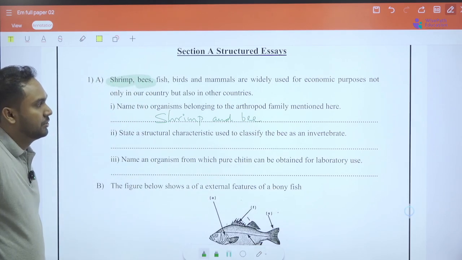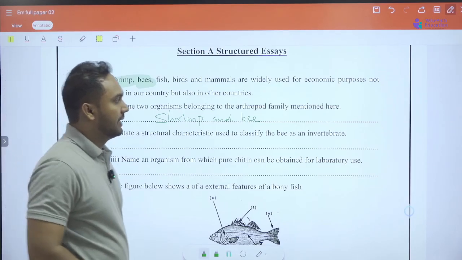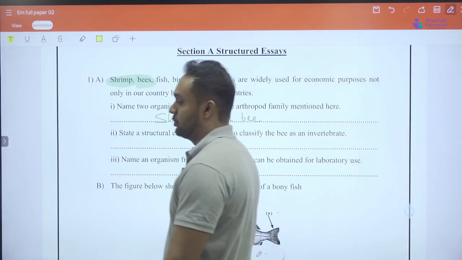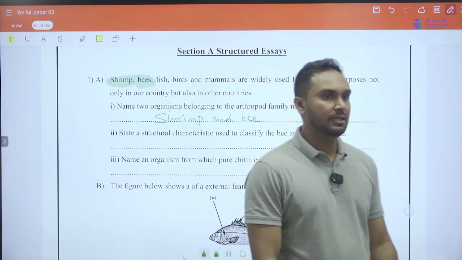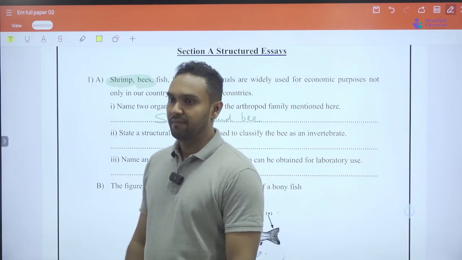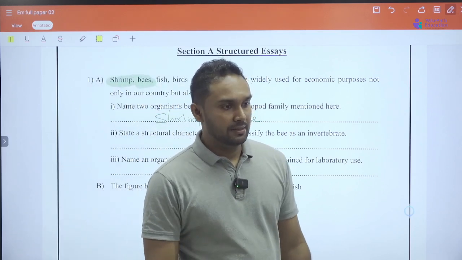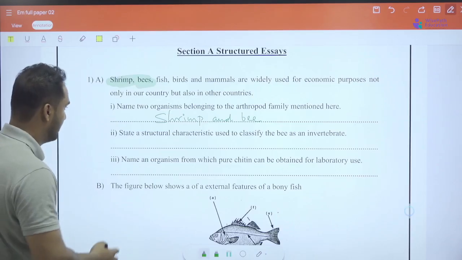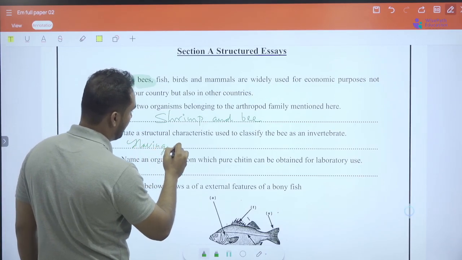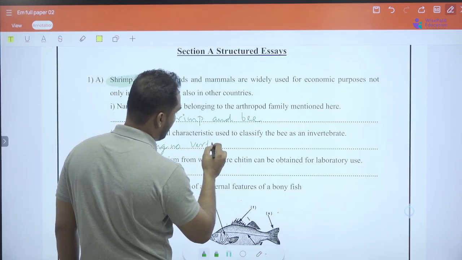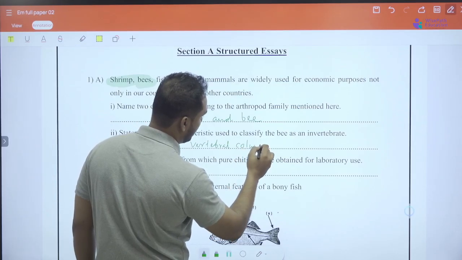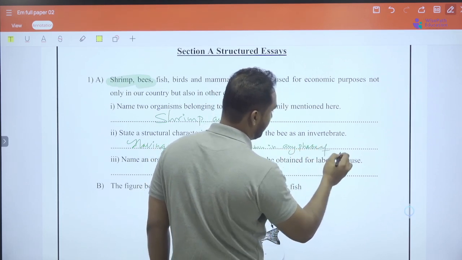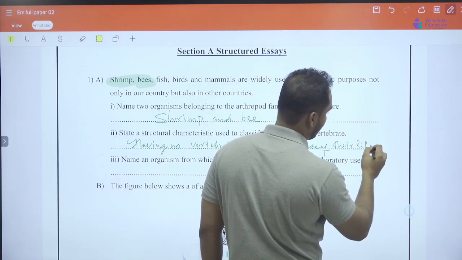State a structural characteristic used to classify the bee as an invertebrate. So the structural characteristic to classify a bee is basically having no vertebral column in any phase of their life cycle, right?